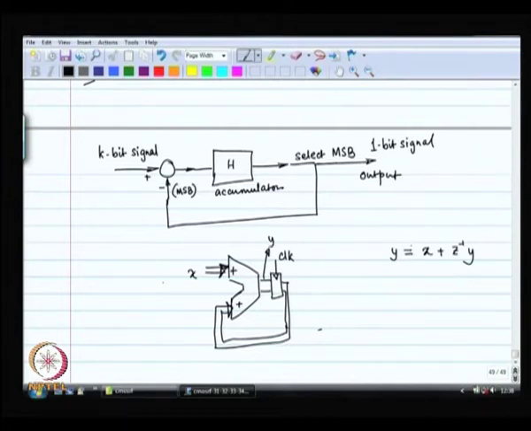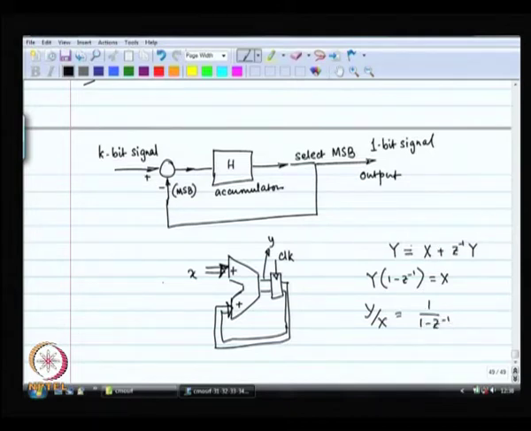right. So, that means that these are all in the z domain. Right.